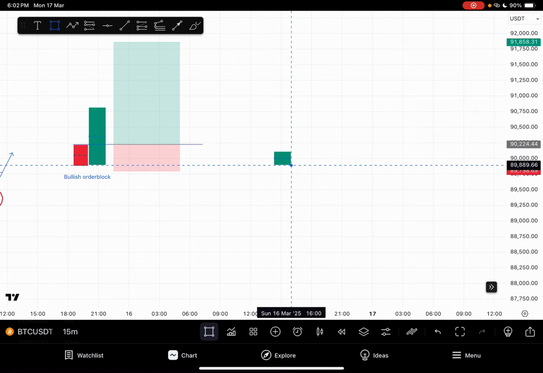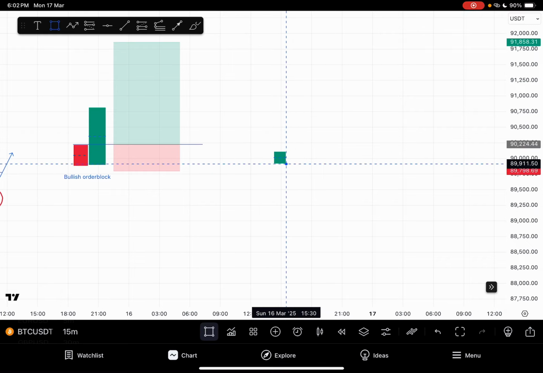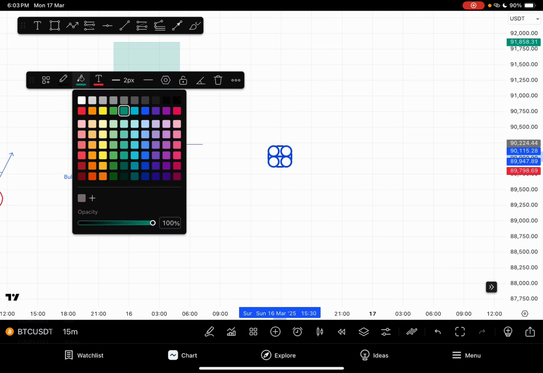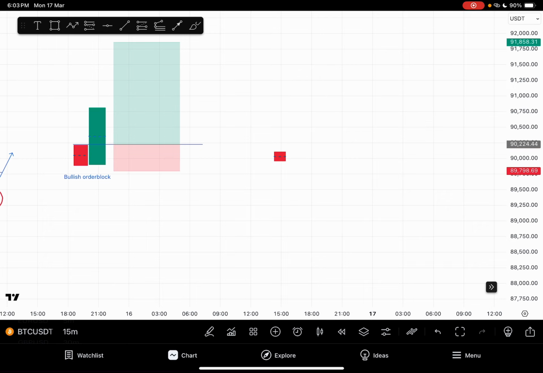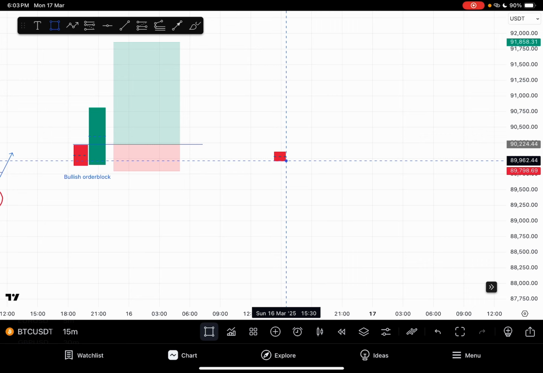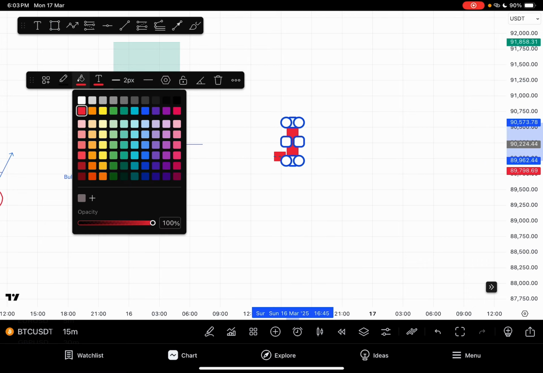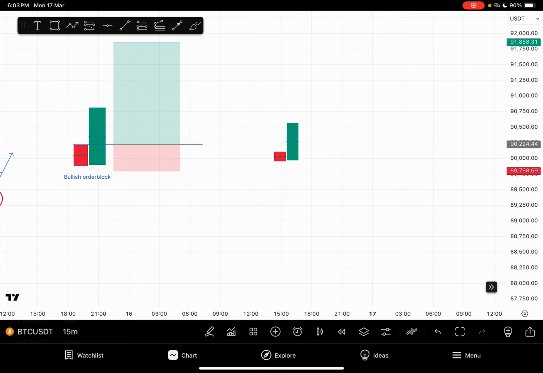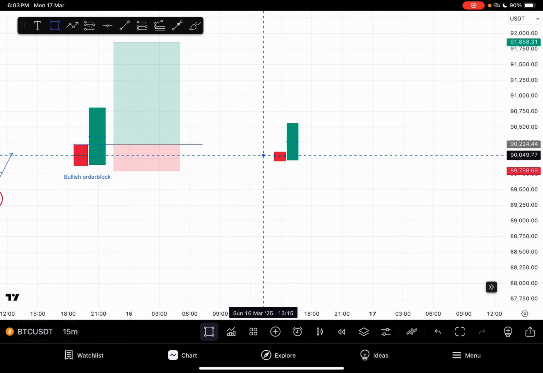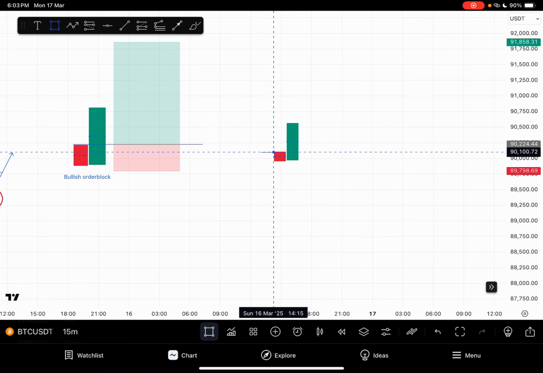So you see, for a bullish order block, this is another example. You see a red candle at the middle, then you see a green candlestick here. So see a green candle, then also a green candle here.